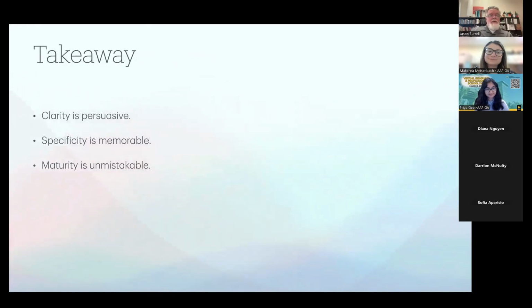Clarity, specificity, and maturity. Those are what you strive for. Sometimes you live a busy life, and if you can only remember a few things, these are the things to go for. You want to be clear, you want to be very specific, and you want to be mature. Show that you are an adult already doing these exact things that you want to do, that you've already begun doing it.